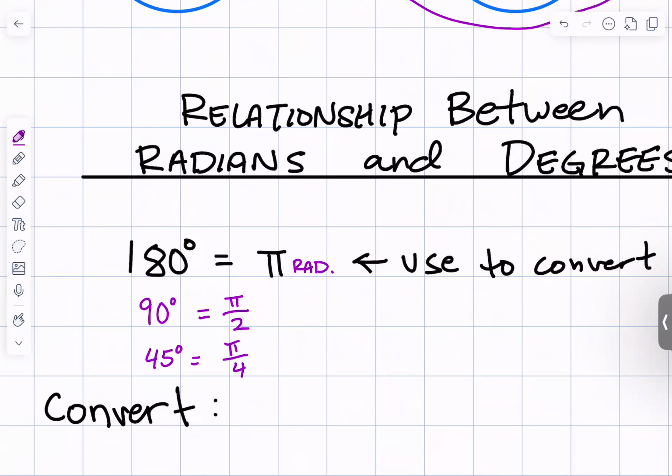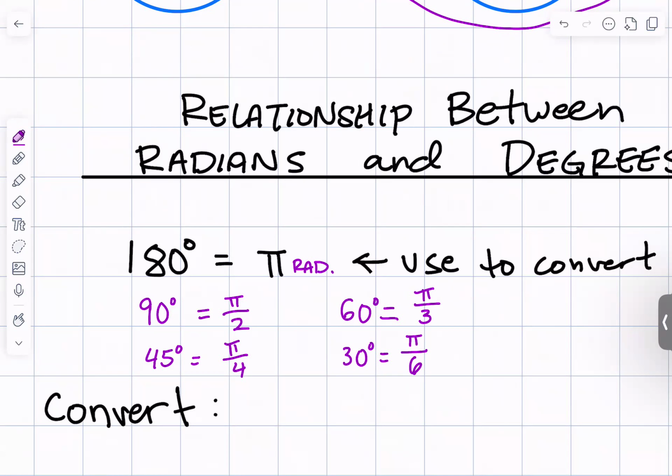Okay. How about 60 degrees? What's the relationship between 180 and 60? Yeah, 60 is 1/3 of 180. So we're going to split pi into thirds. So pi over 3. How about 30? Same logic. 30 is 1/6 of 180. So that's pi over 6.